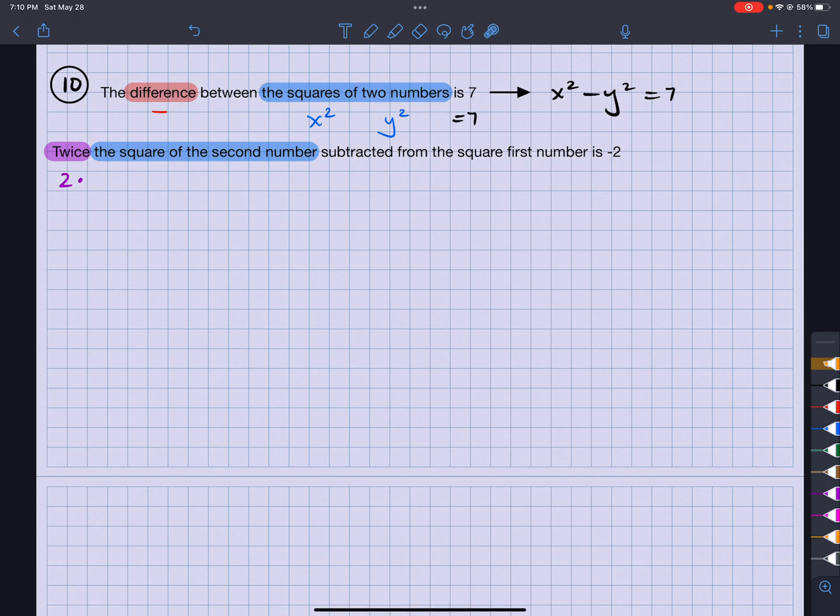Up here, I wrote the x first before the y, so I'm going to assume that x is my first number and y is my second number. Does it really matter? It really doesn't, as long as you stay consistent. But since I placed these this way, I'm going to call y my second number. And since it wants to square my second number, I have to write this as y squared.